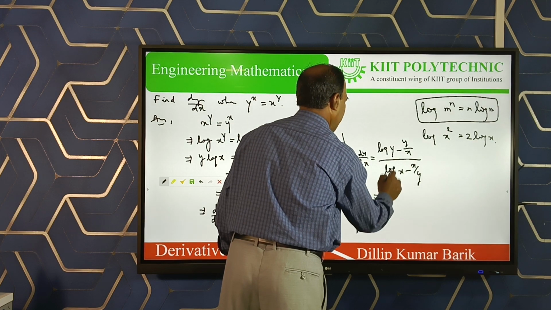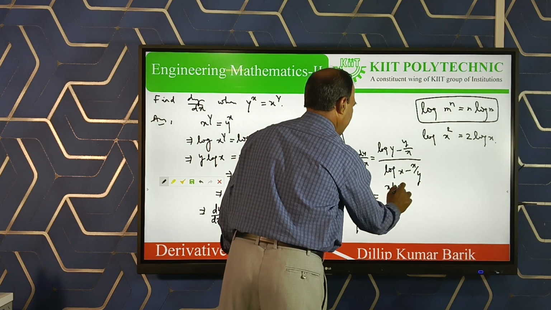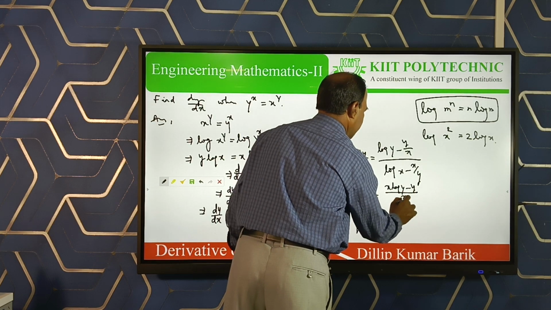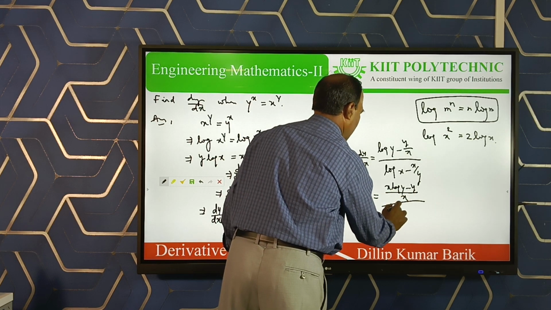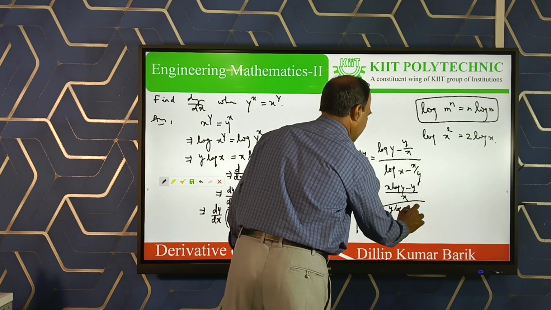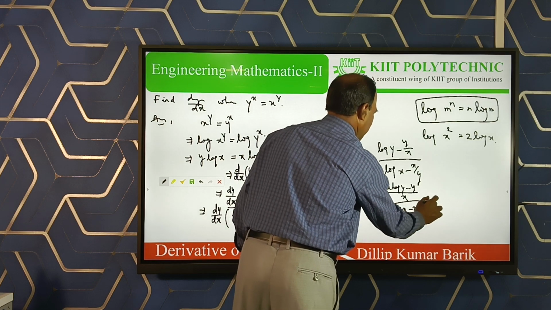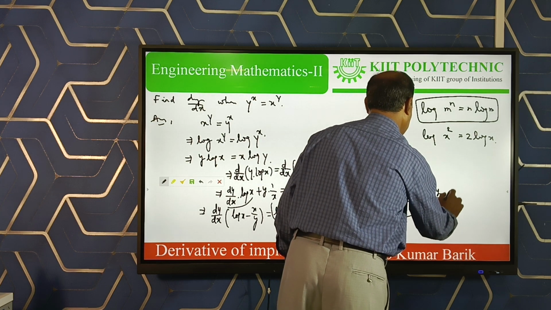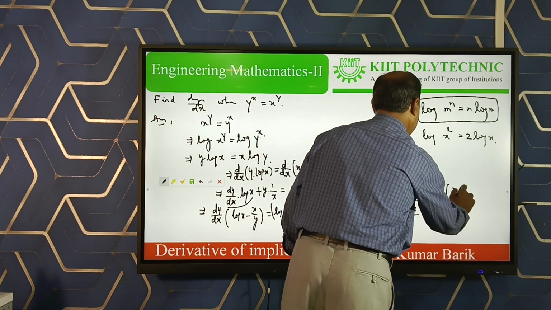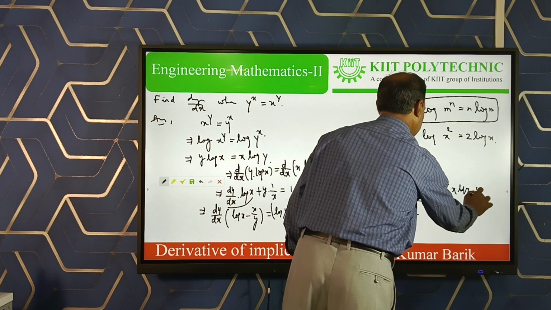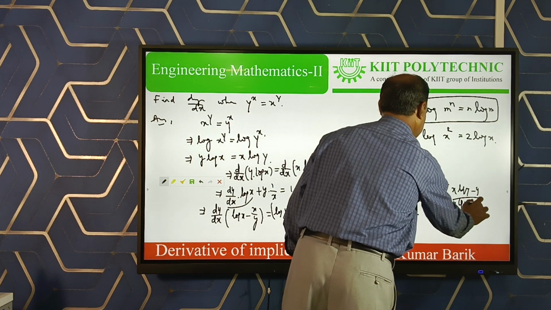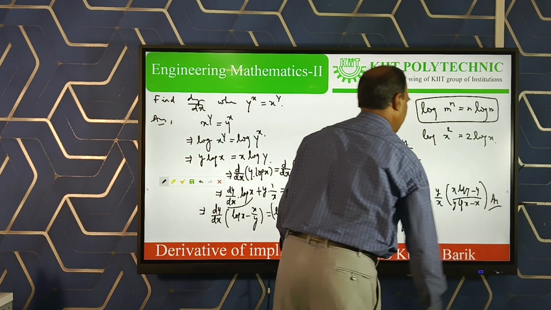Take LCM: x log y minus y divided by x, whole divided by y log x minus x by y. Our final answer is equal to y by x whole into x log y minus y divided by y log x minus x. So this is your answer.